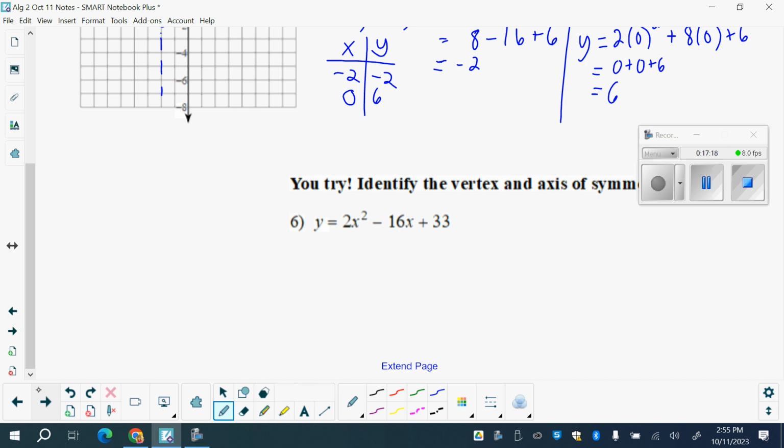It would be... Oh, so the negative b is going to be like that this time.